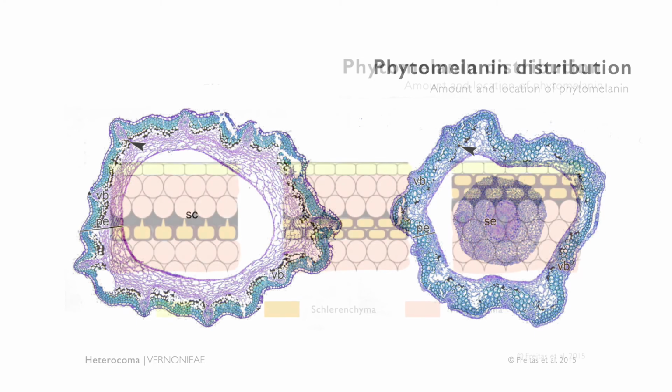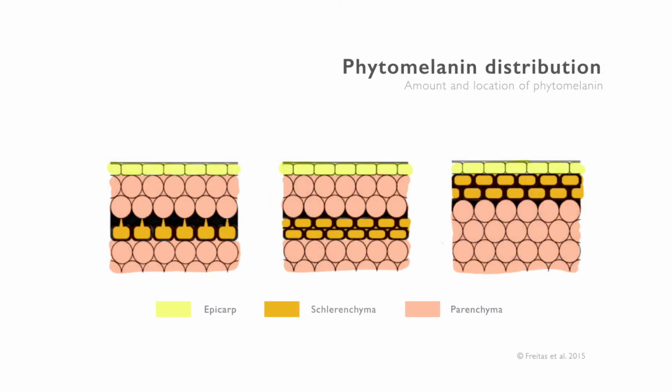So these authors propose this classification, this expanded classification of how the phytomelanin is distributed. The way the scheme works, I colored the scheme to make it easier to spot the differences: with yellow you have the epicarp, that's the outer layer of cells in the fruit. Then with orange you have the sclerenchyma, and with pink you have the parenchyma.